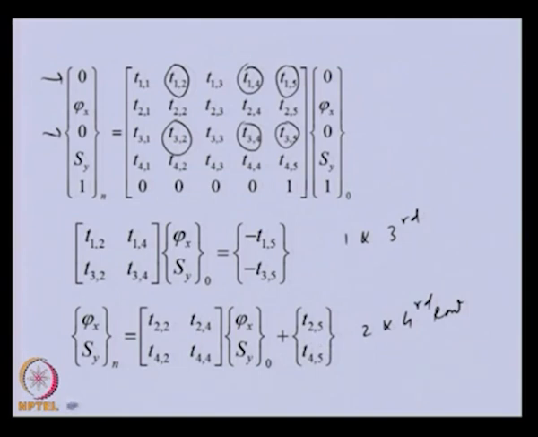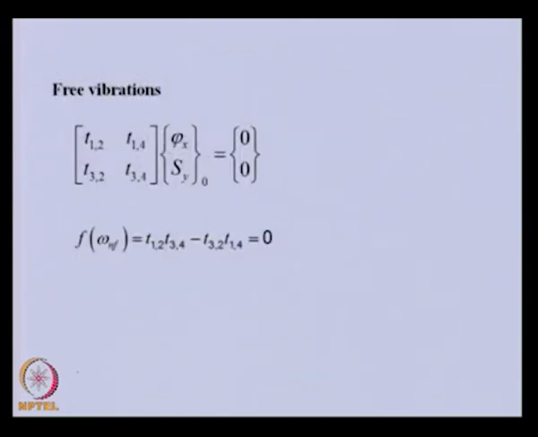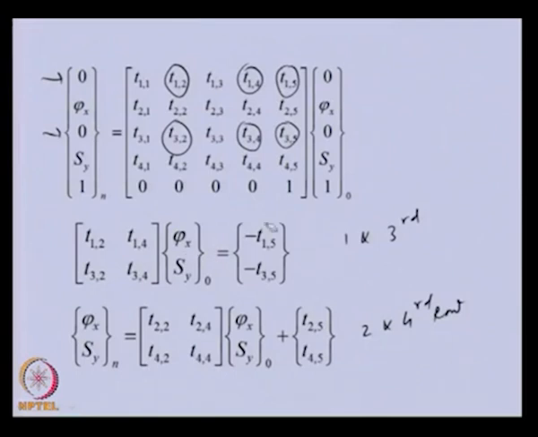Now, if we are dealing with free vibration, then from this equation, as I told, these are coming from the unbalanced component here, so these terms will be 0. Here also these terms will be 0. If you compare these two equations, this equation is a homogeneous equation if we equate this to 0 for free vibration.